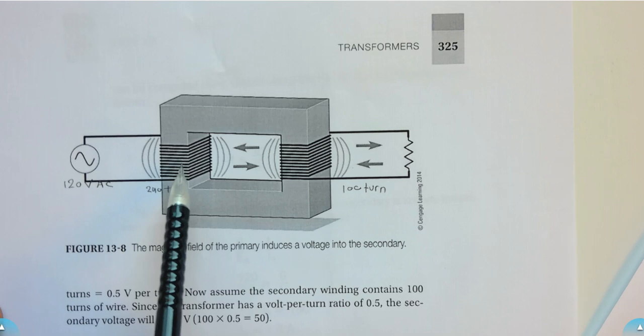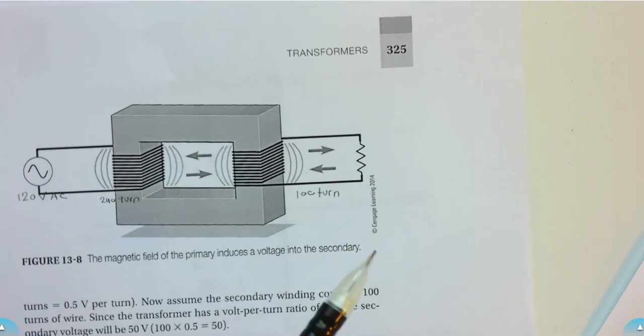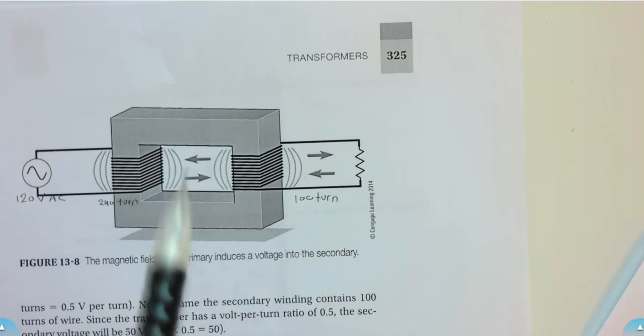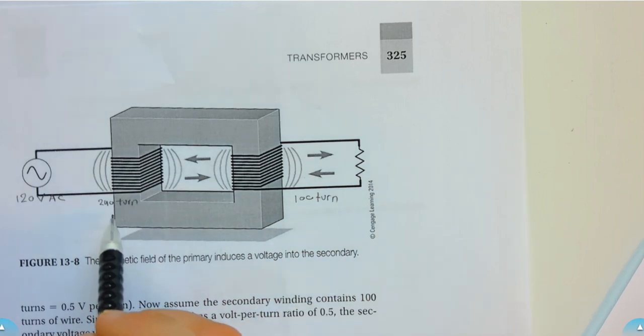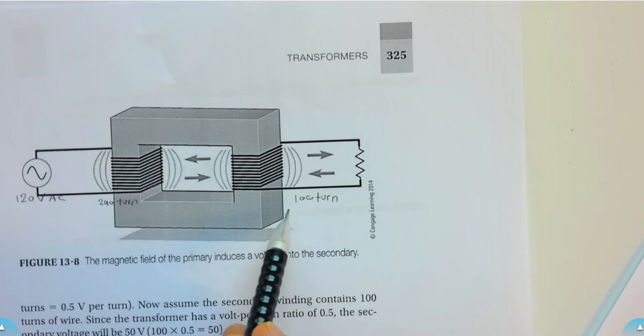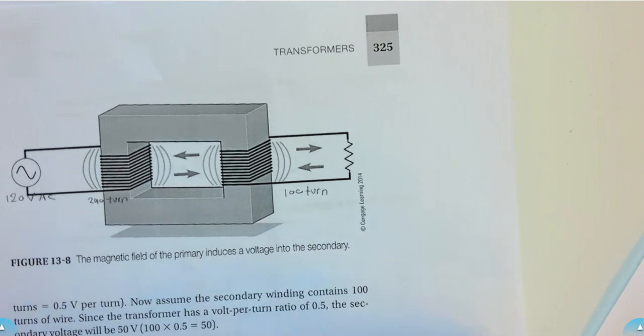Okay, so for example, if we have 120 volts, 240 turns and 100 turns, how can we solve for the voltage in the secondary winding? To solve the problem, we have to know the voltage per turn ratio.